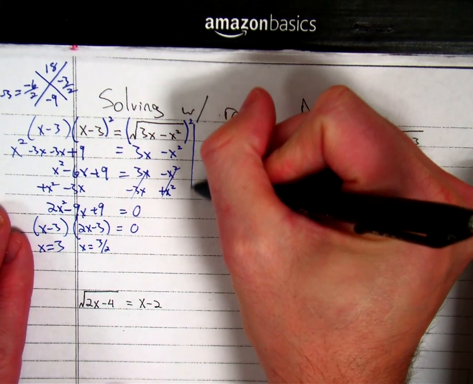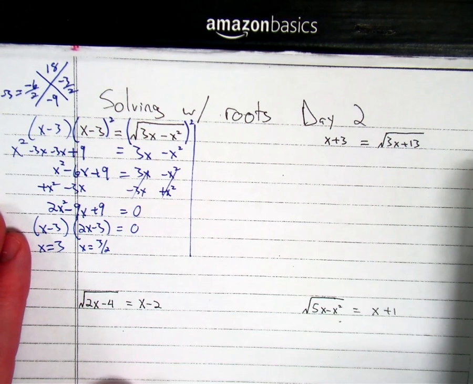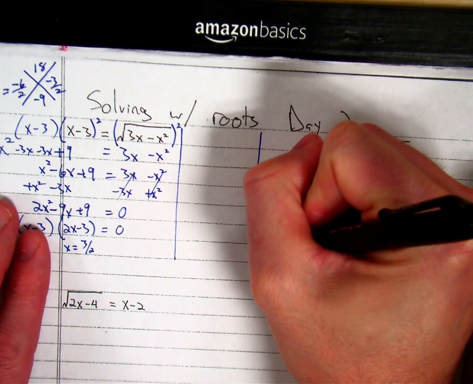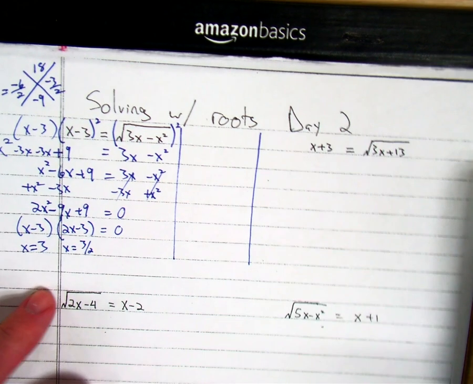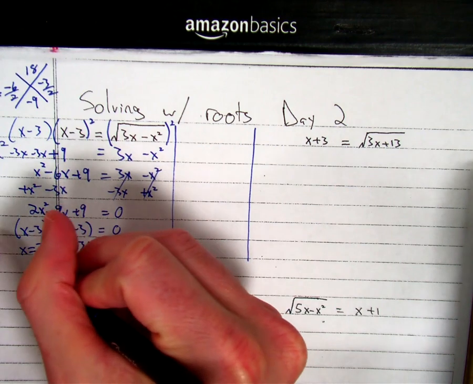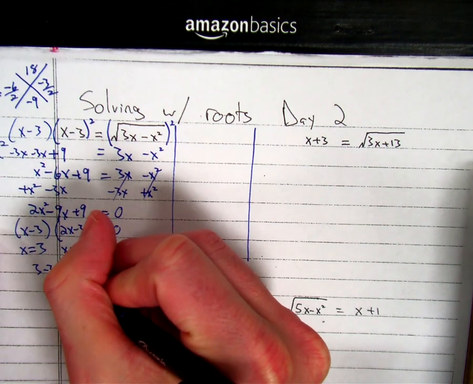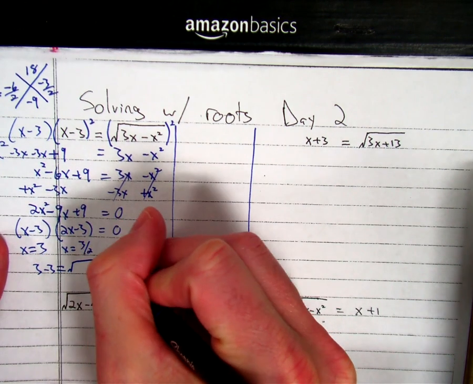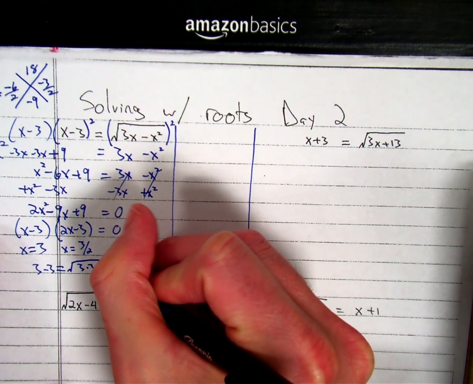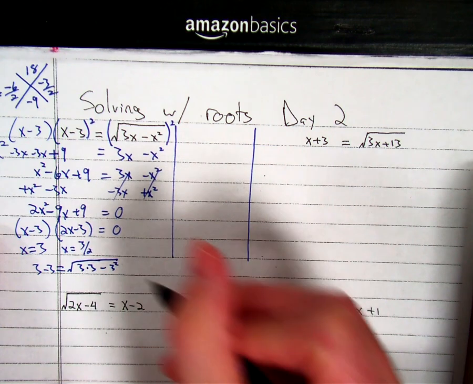It also wouldn't hurt to show that the first one's yes. Let's see, without taking up the whole space here. I could probably do the 3 right here and be okay. So we'd have 3 minus 3 equals the square root of 3 times 3 minus 3 squared.